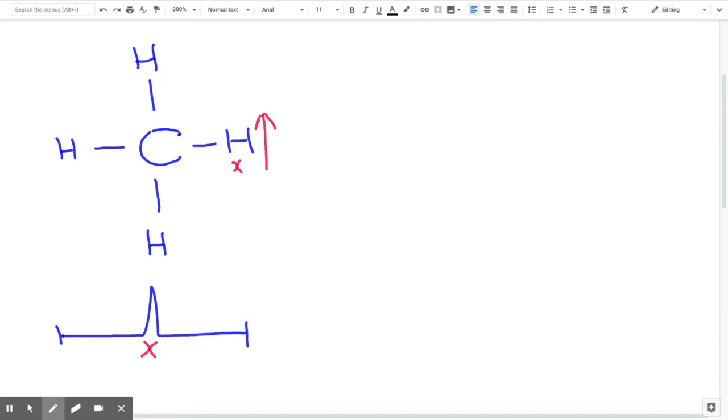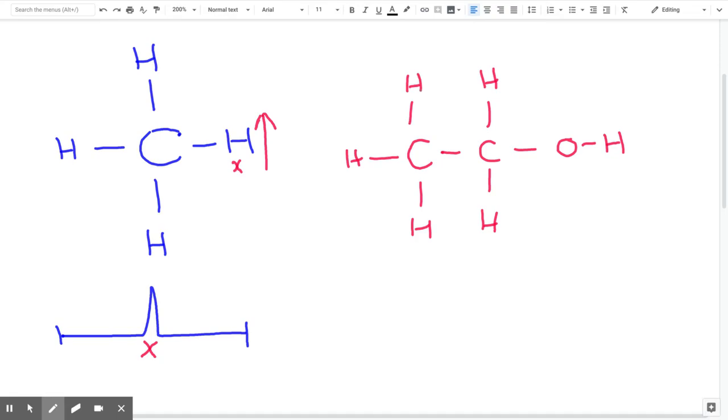So what we need to do is now look at an unsymmetrical molecule, and what we're going to do is look at ethanol. Now ethanol we're going to use continually throughout the building up of the complexity of NMR. Hopefully you can immediately see that it has, first of all, 6 protons, so there's more complexity in that situation. But due to the fact that this molecule is no longer symmetrical, it has different types of proton.